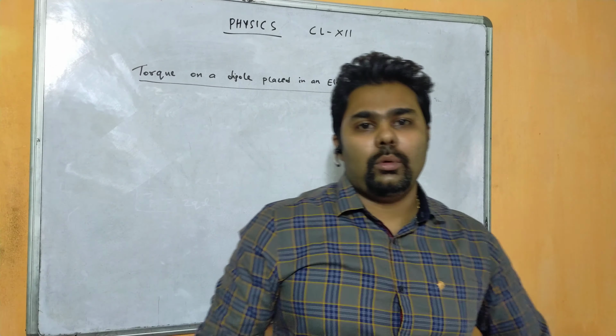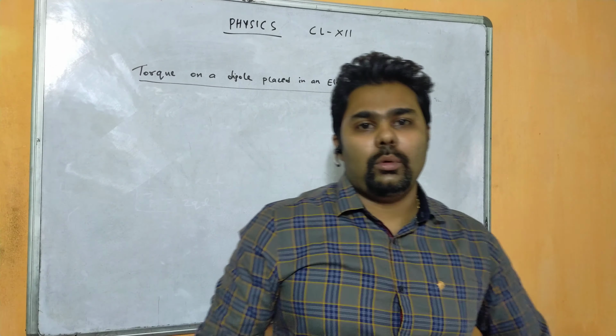So we can calculate the total dipole moment, and the electric field is also given, 10 to the power 3 Newton per coulomb, and the angle between the dipole moment and the electric field is 30 degrees. So according to the formula, tau equals PE sin theta. Sin 30 is half. If you substitute the values, then you will get the torque acting on the dipole.